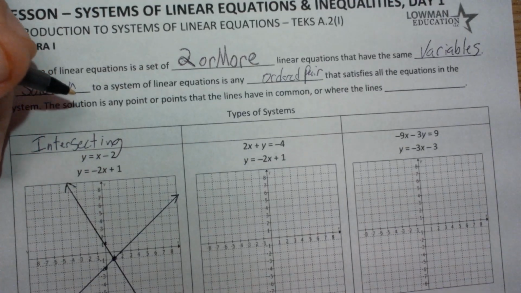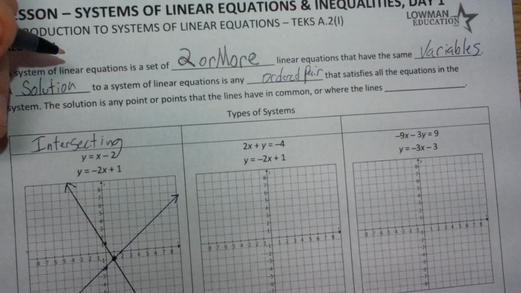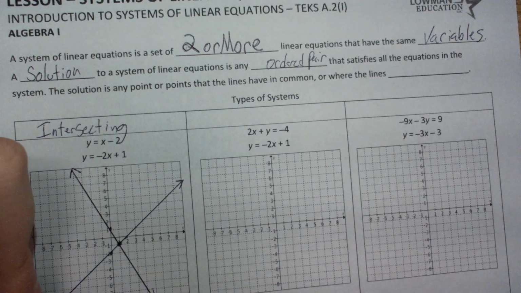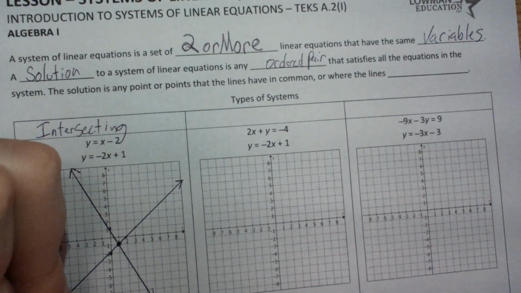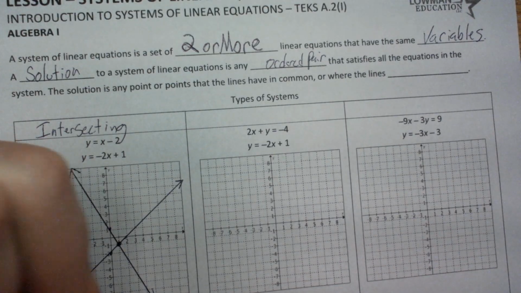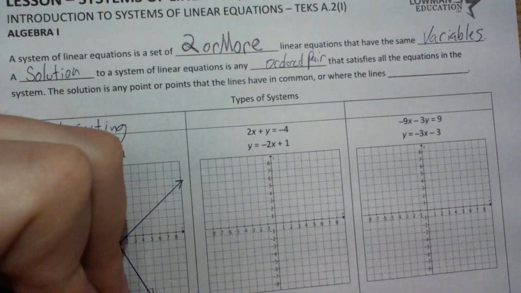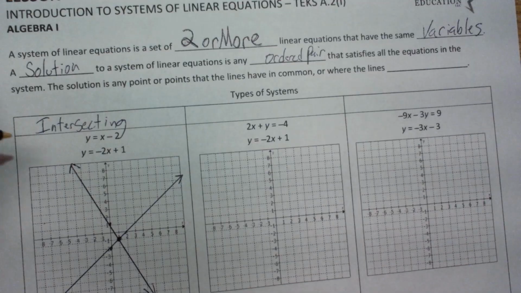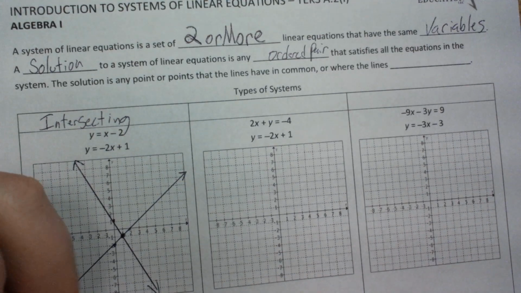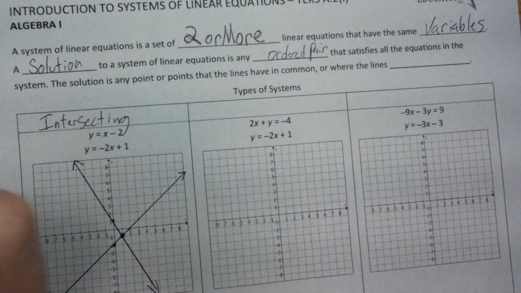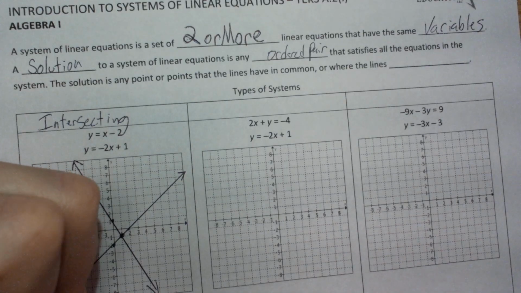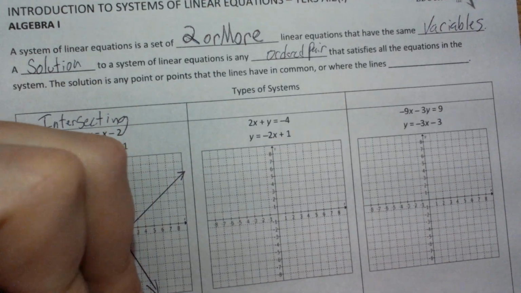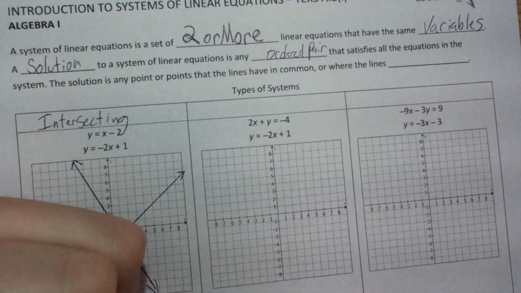Most of the ones we'll deal with will be intersecting, so they'll have different slopes. And these aren't quite perpendicular, they look kind of close. The important thing here is there's one solution, and that solution would be 1, negative 1.